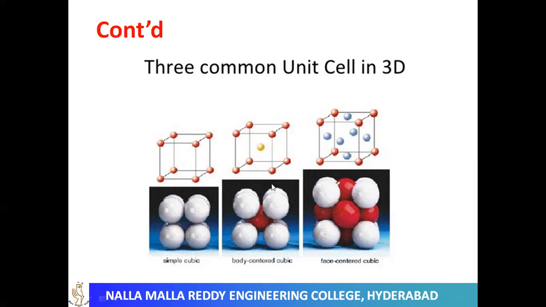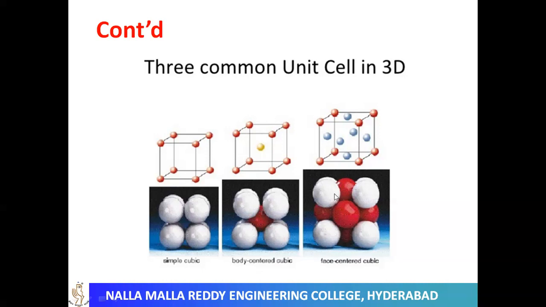In the body-centered unit cell, the constituent particles are present at the corners, that is, 8 corners will be occupied, shown as white balls, and there will be one atom inside this unit cell, shown as a red ball in between the white balls. This is the body-centered cubic. The third one is the face-centered unit cell, that is FCC.